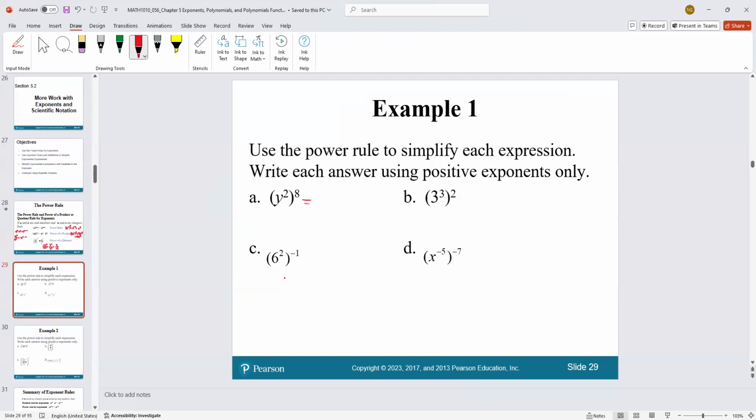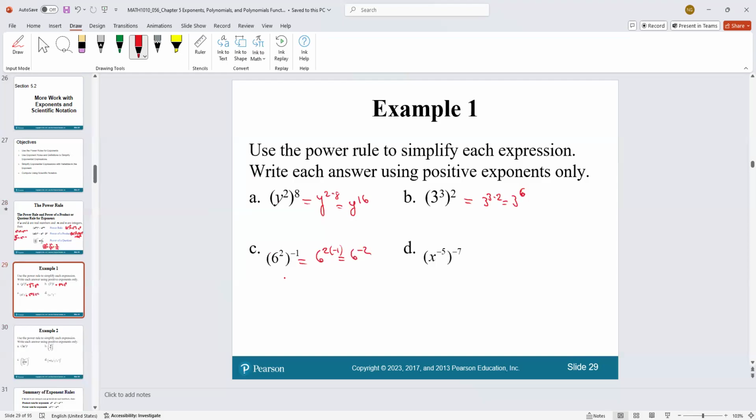We see for A, because we've said power of a power, we need to multiply the exponents. That would be y power 16. Here also we see 3 power 3 times 2. Remember, we need to multiply the exponents. 3 times 2 is 6. And when you do that, you're going to find a big number. For C, even though the exponent is negative, you still need to multiply like this. 2 times -1 is -2. 6 power -2.